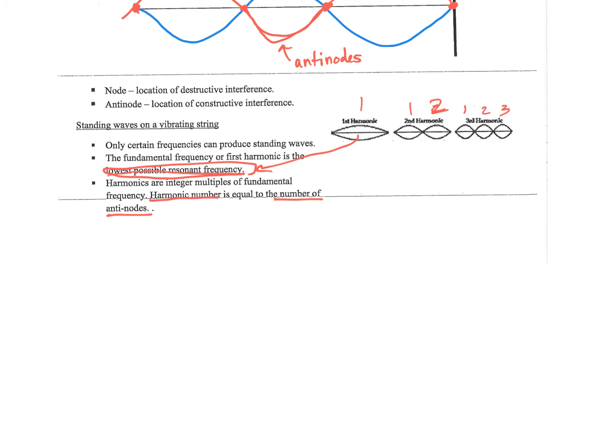A fork that's tuned to middle C will produce a cycle 256 times a second. This frequency is often described as 256 Hertz. So you've got this graph by plotting amplitude, that's the vertical displacement from the horizontal, against time.